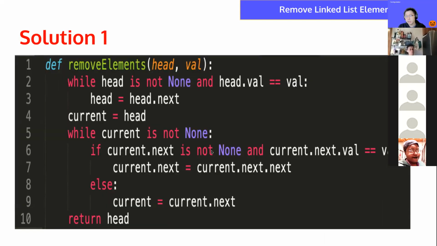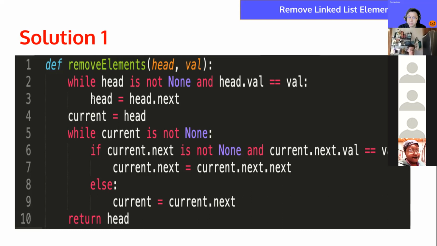So this is proposed solution number 1. This is basically saying that while head is not None, so here we're checking for an empty linked list, and if the head.value is equal to the value that we want to delete, this is the case that Darren raised, which is when the nodes that we want to delete are located at the head. What we want to do here is have the head point to the head's next, right?